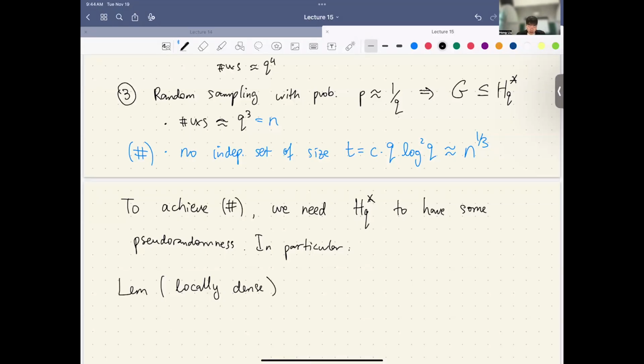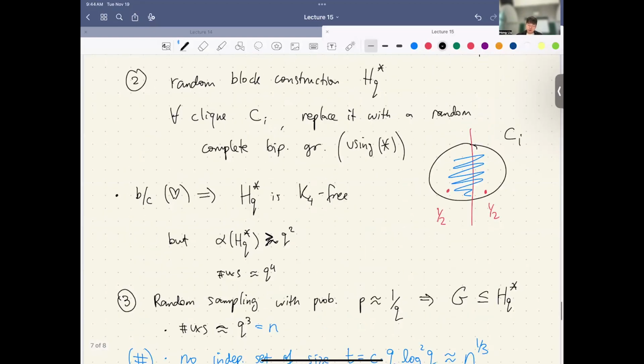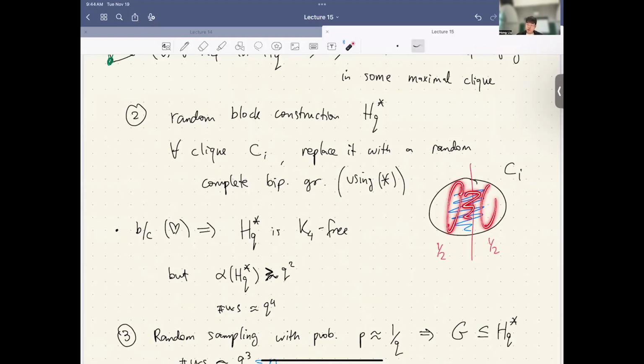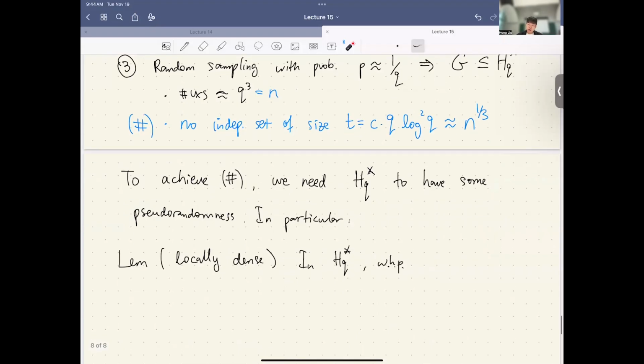In HQ star, with high probability, because HQ star is built from random bipartite graphs, so this is a random event, this random graph with high probability will be locally dense in the sense that for any set X of some constant times Q squared number of vertices, say 100 Q squared, 100 doesn't matter, then it's dense.